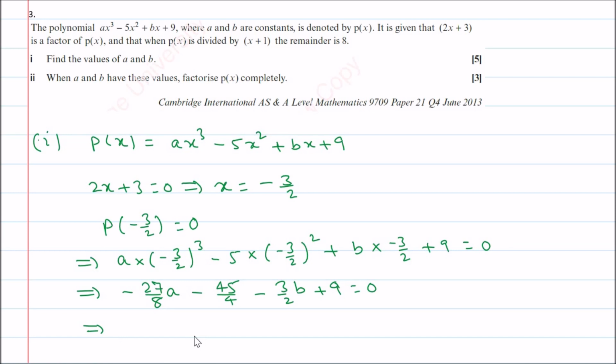Now we need to get rid of the denominator. So denominators we have 8, 4 and 2. LCM of 2, 4 and 8 is 8. So we need to multiply all the terms by 8.